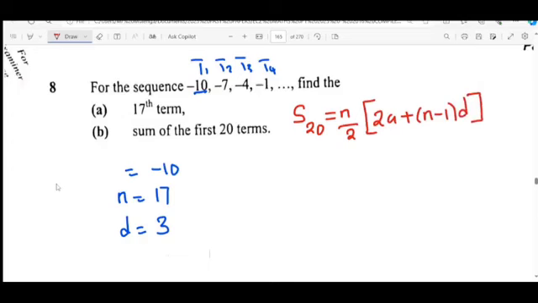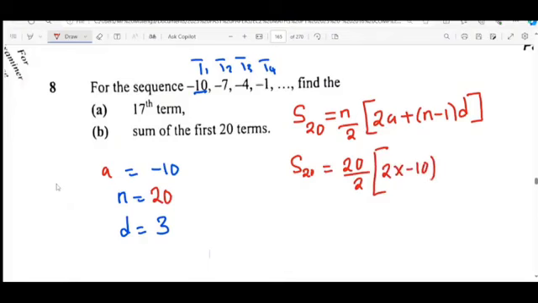So we need to find the value of n, a and d, of which we know these things. Since they are saying find the sum of the first 20 terms, the value of n is 20, a is the first term, which is -10, and the common difference, we said, is 3. So the sum of 20 terms is equal to, where there is n, you put 20 over 2, open square bracket, 2 times, what is the value of a?